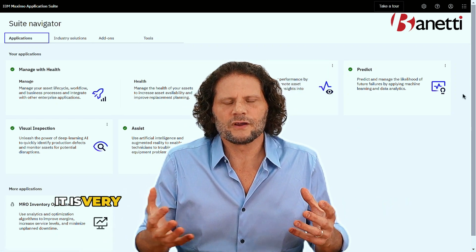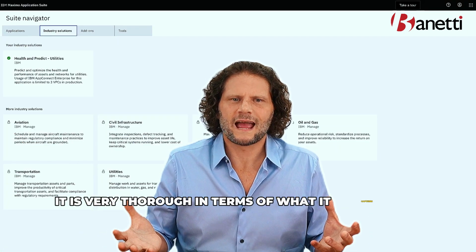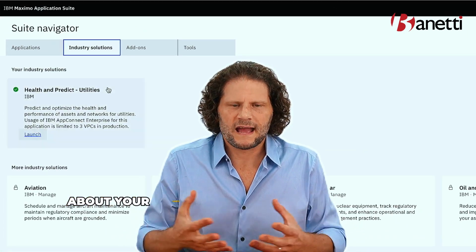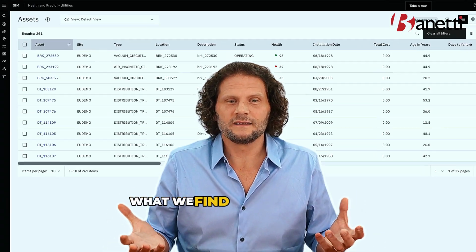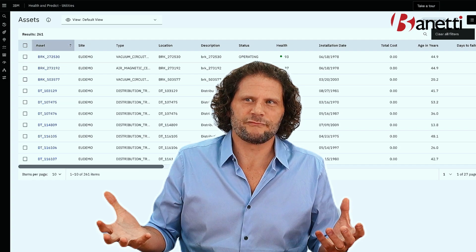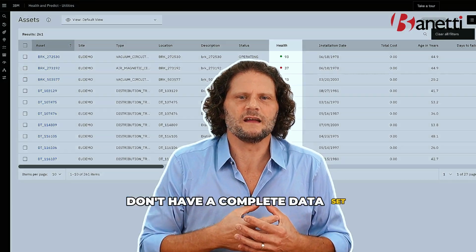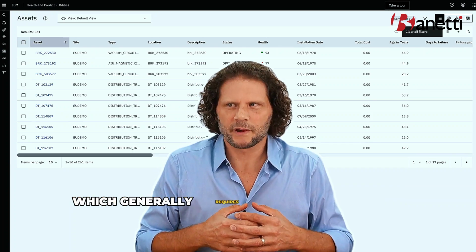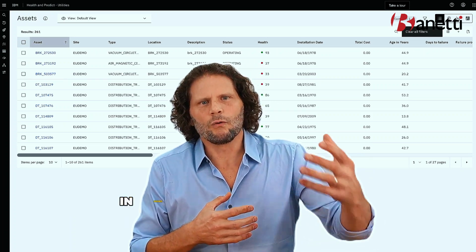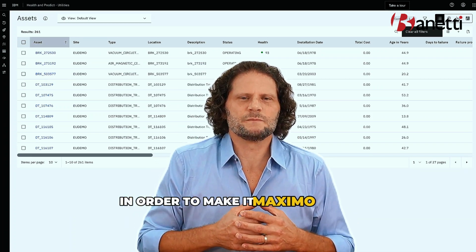It is very thorough in terms of what it captures about your assets and the management of them. And so oftentimes what we find is other systems don't have a complete data set. So we actually have to augment that data, which generally requires human intervention, in order to make it Maximo ready.